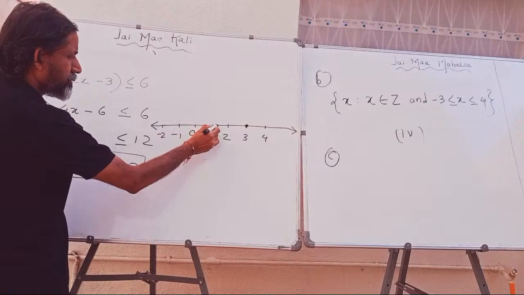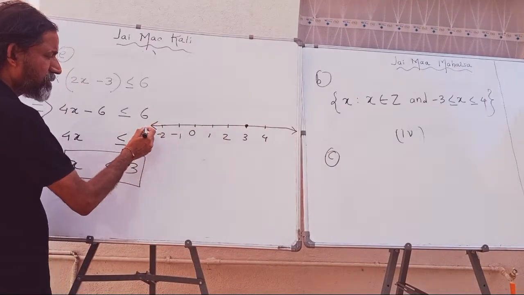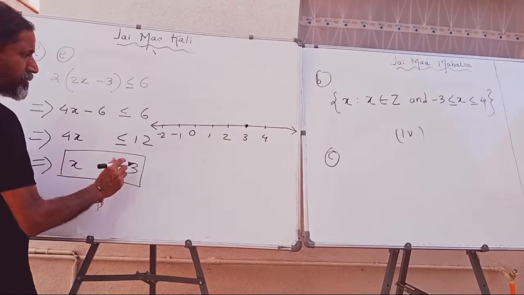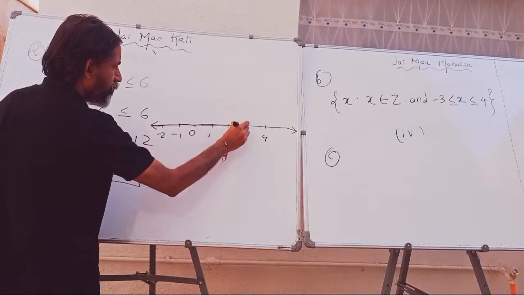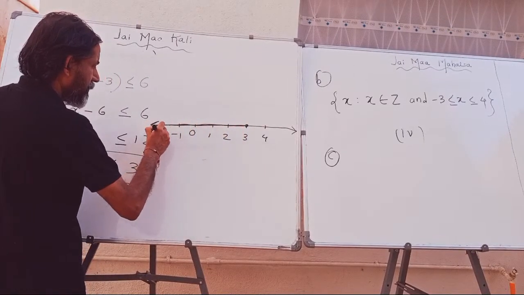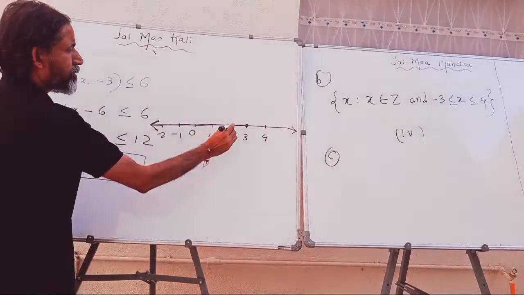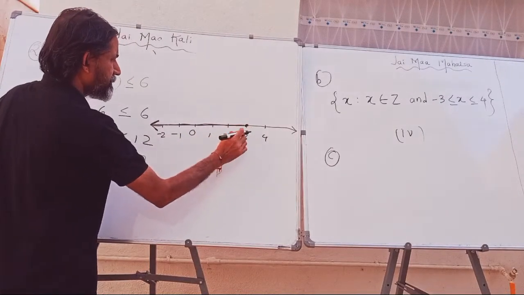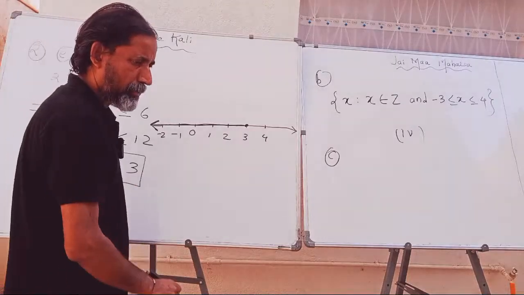It could be here, it could be 2, it could be 1, it could be minus 3, it could be minus 100. All those values are possible. So what I do is I make everything bold, completely including the arrows, which means everything is included. So starting from 3 and anything less than 3, that is the solution. Let me know if you have not understood this.